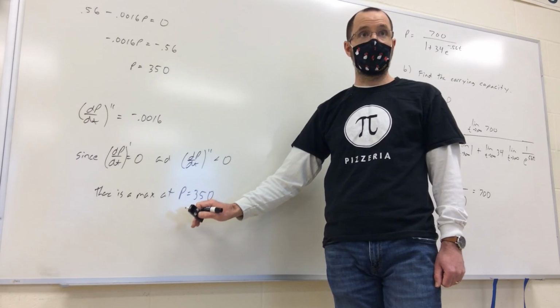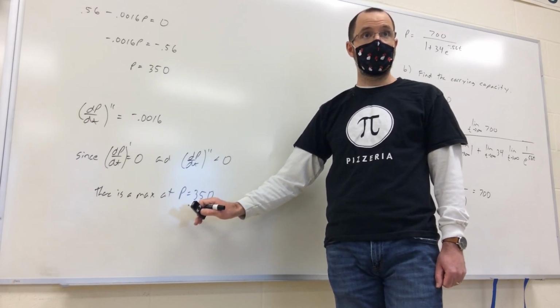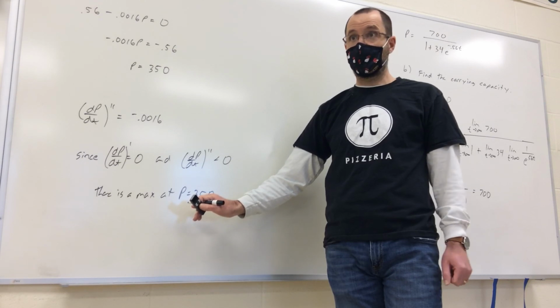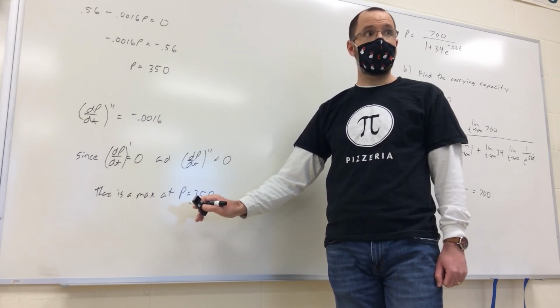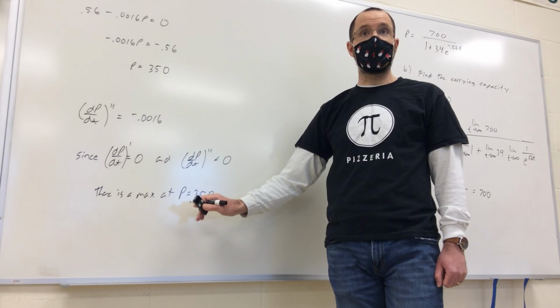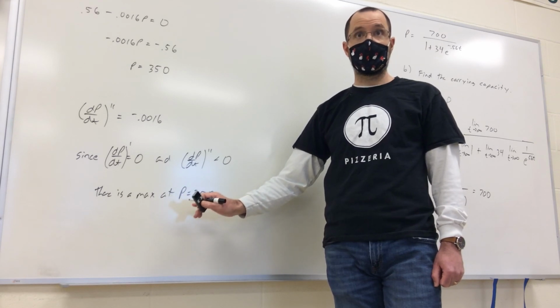So that means that when the population is 350, when there are 350 squirrels, the population is growing the fastest.